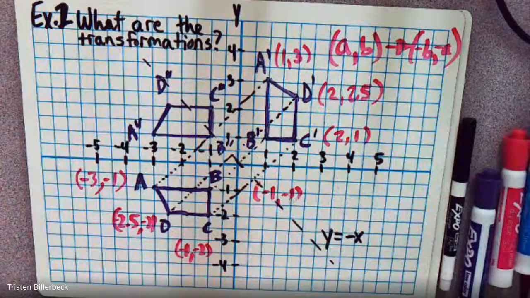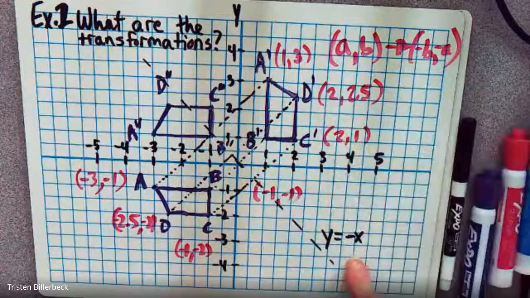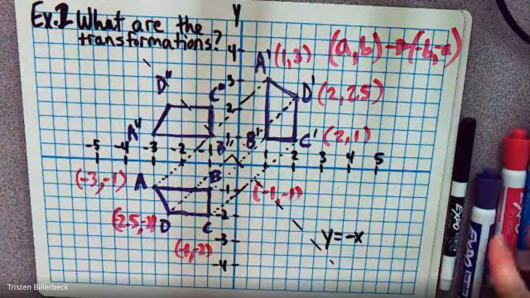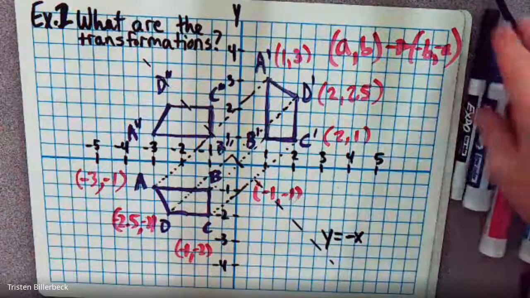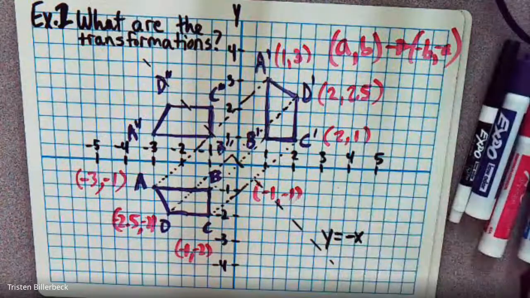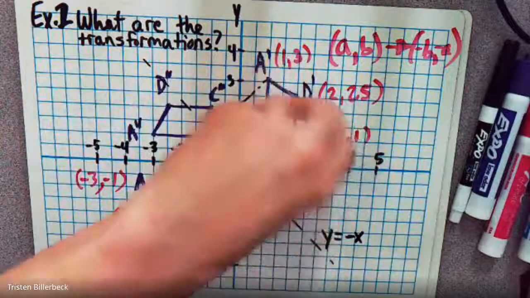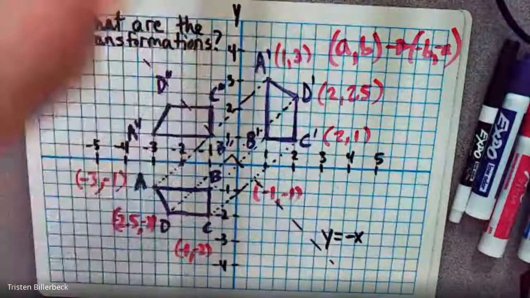Okay, so that one is a reflection about this axis. So you wouldn't have known that. Now how did we get to that? So let's look at how we get from there to there.